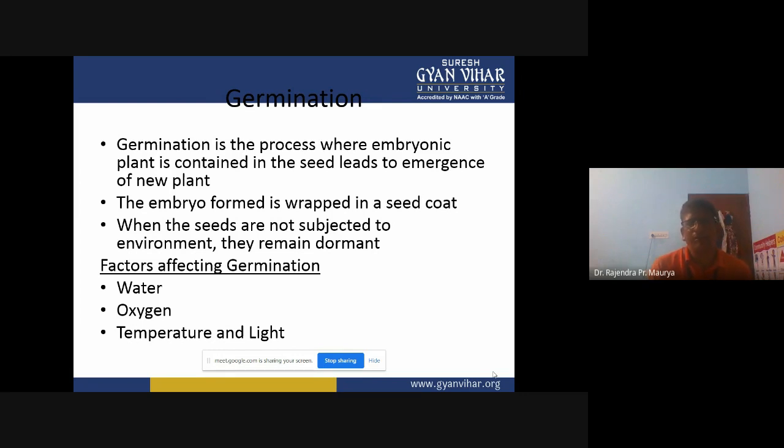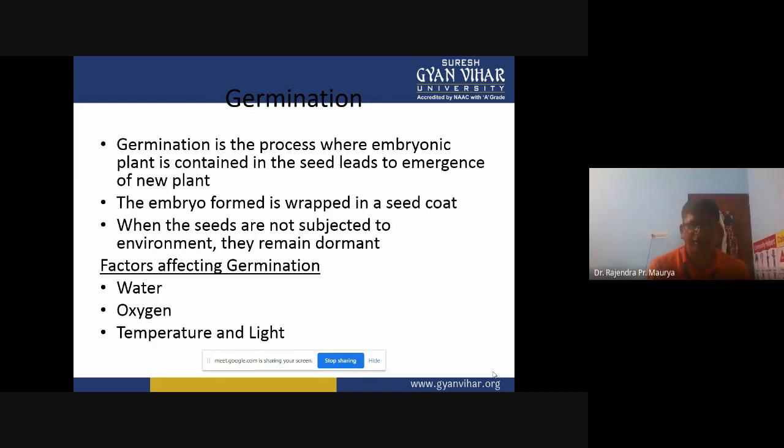Maybe you have already heard about stratification. In stratification, some seeds require chilling, meaning those plants require low temperature treatment, about 7 degrees Celsius or less.